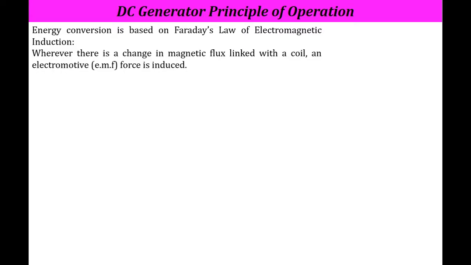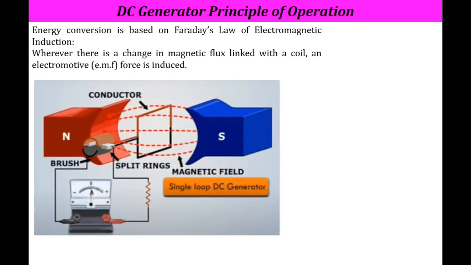Either the conductor has to rotate or change its position while the magnetic field is stationary, or the magnetic field gets continuously changed and the conductor is stationary. So whenever there is a change in the magnetic flux linked with a conductor or a coil, an EMF will get generated. Now let's discuss how it operates.